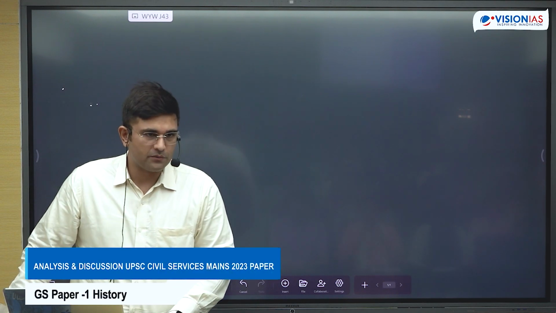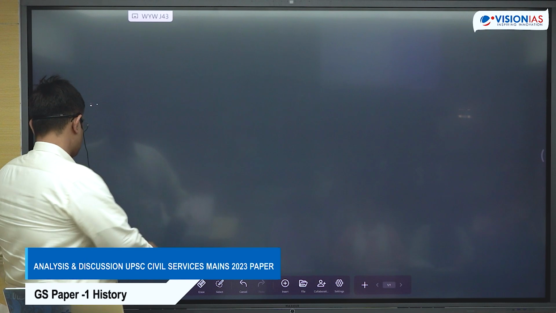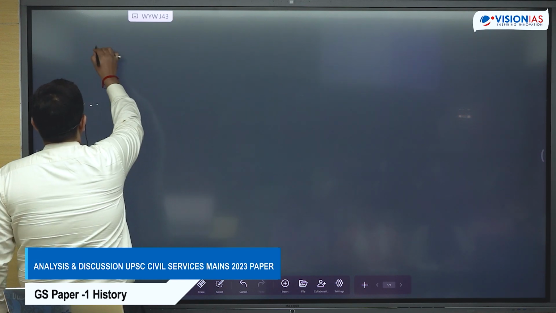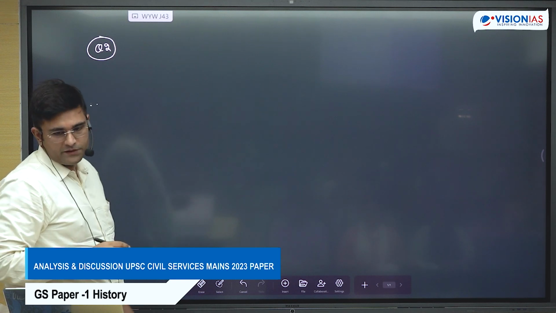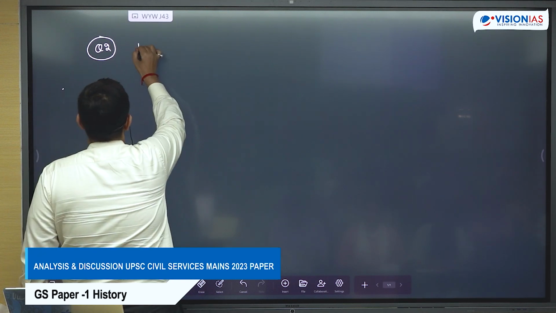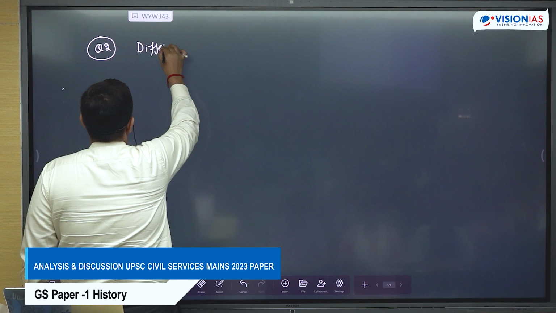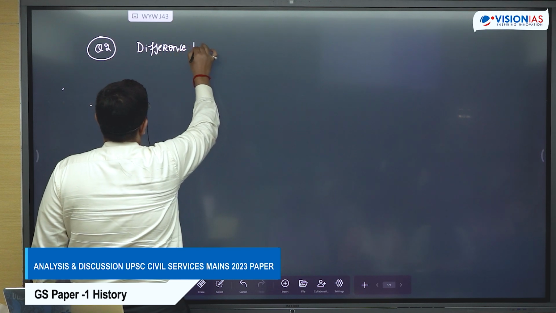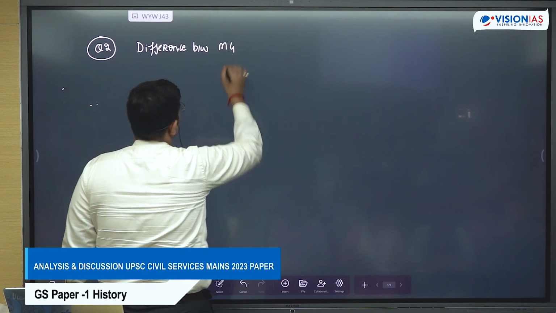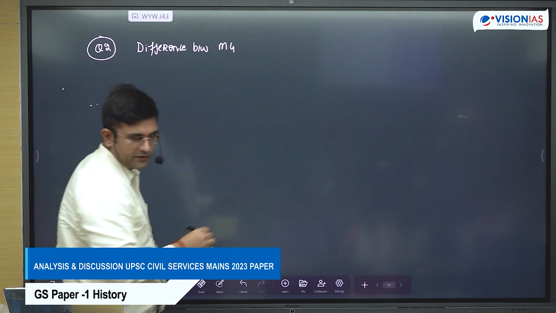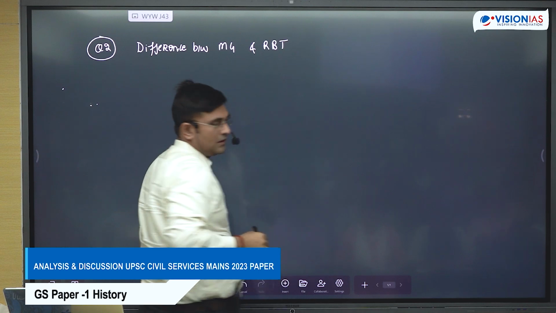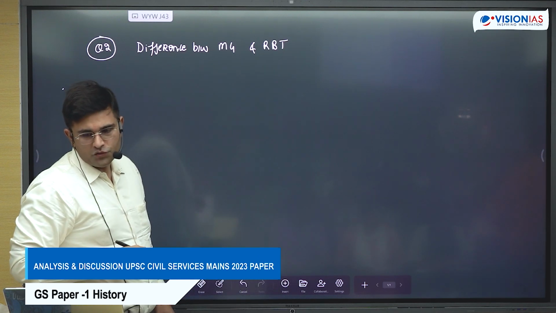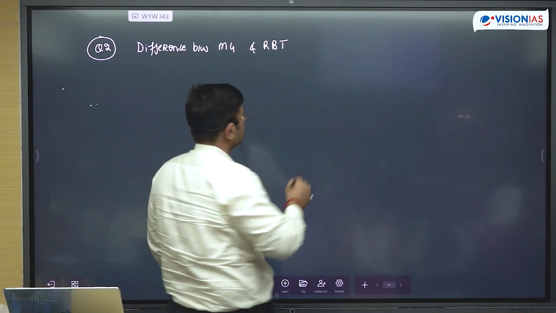The first was question number 2, and that basically said, what was the difference between Mahatma Gandhi and Rabindranath Tagore in their approach towards education and nationalism?